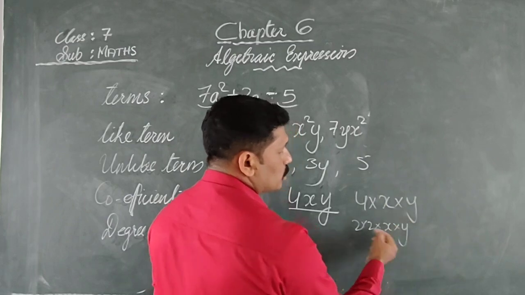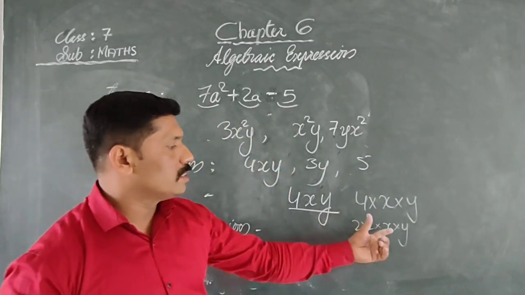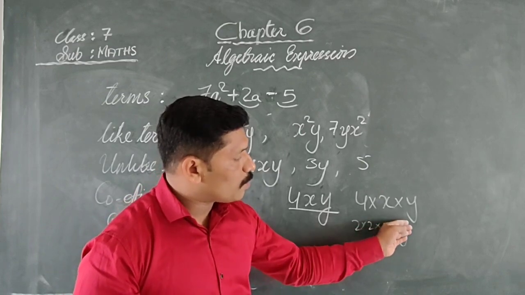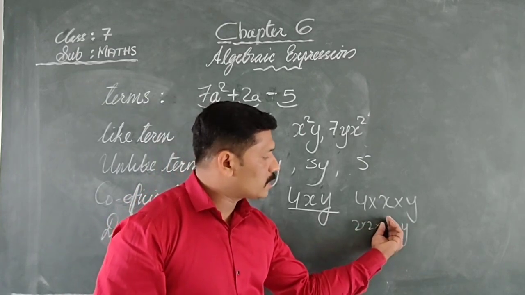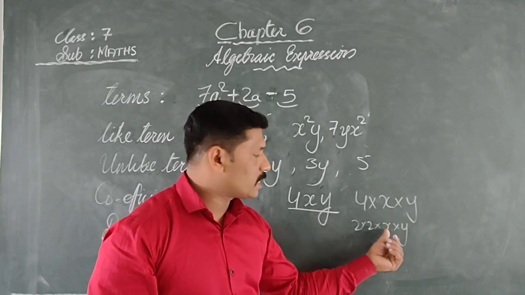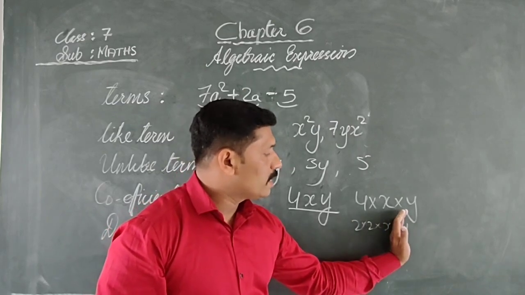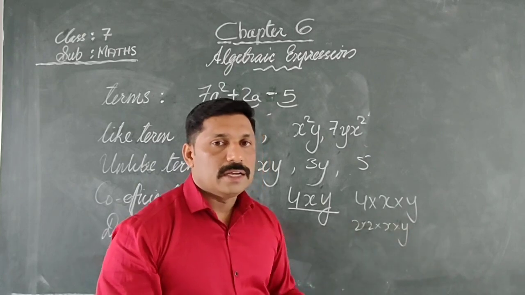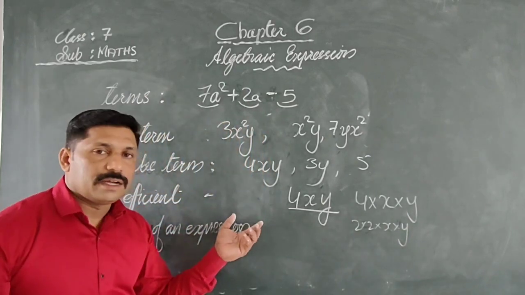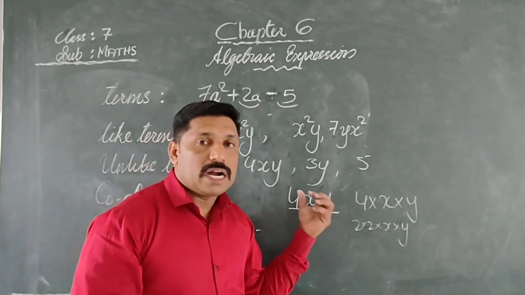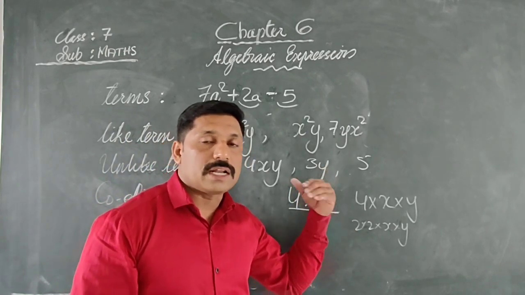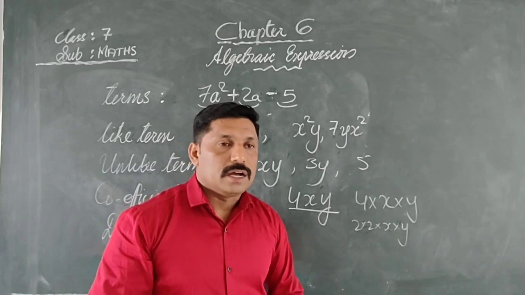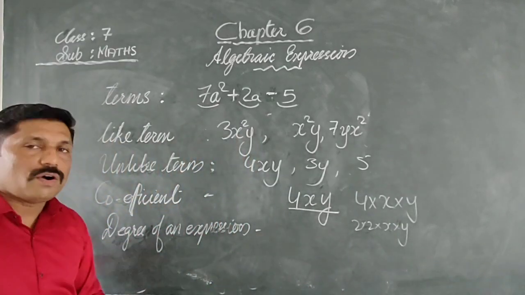This is the factorization of this term. So 4 is the coefficient of xy, 4y is the coefficient of x, and 4x is the coefficient of y. So coefficient means, in a term, the quantity that is multiplied to another quantity is called a coefficient of that quantity. Then next, degree of an expression.